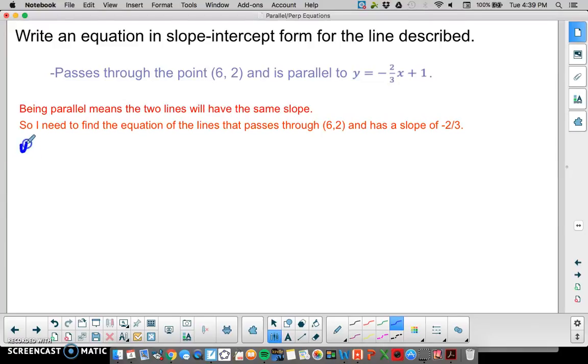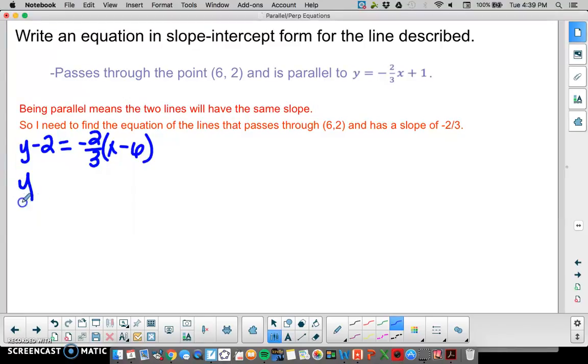So y minus the y value of the point, which is 2, equals negative 2/3 times x minus the x value of the point, which is 6. From here, just work out algebraically the slope-intercept form.